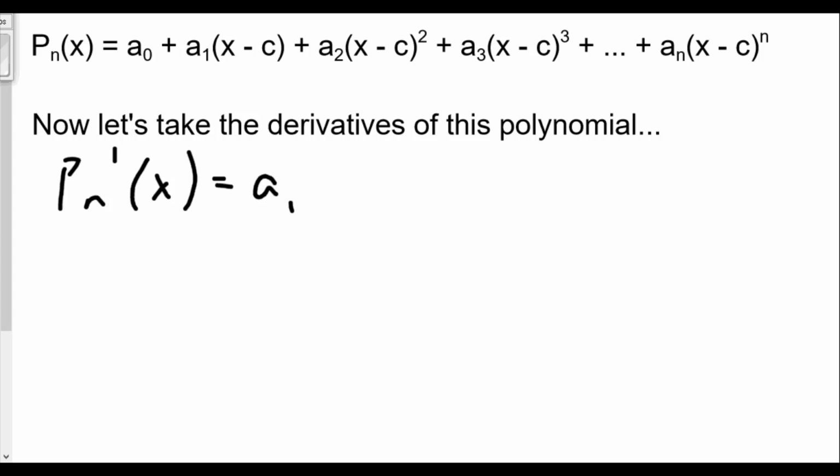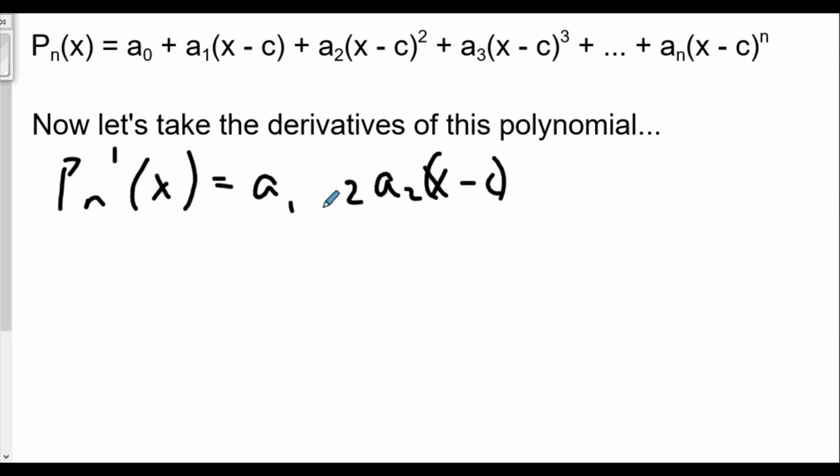And so now we have a_1 plus, now the derivative here, 2a_2(x - c). Oh, a_1, sorry about that. No, just a_1. Sorry. It's a little bit nervous.